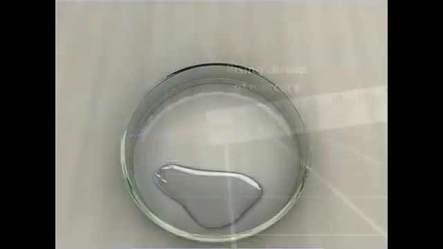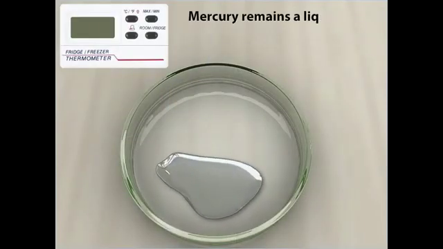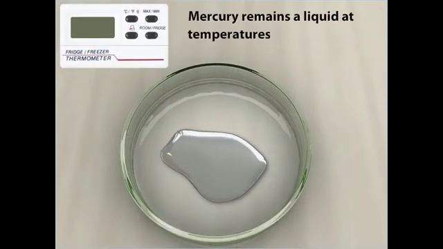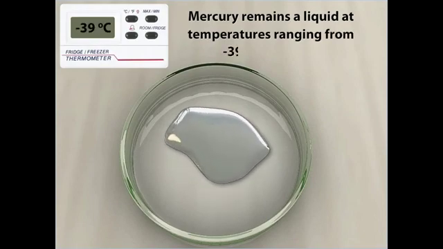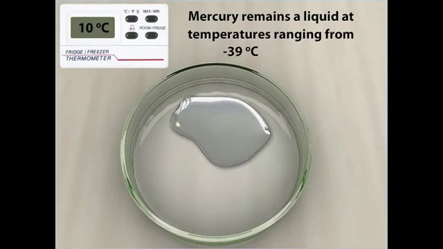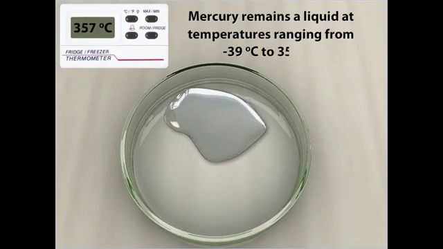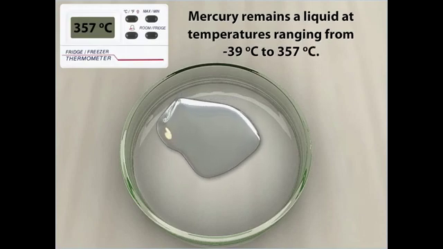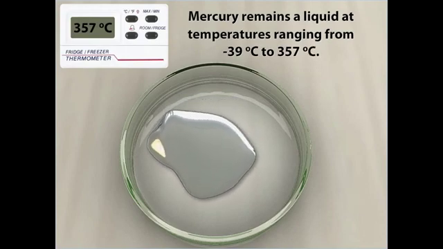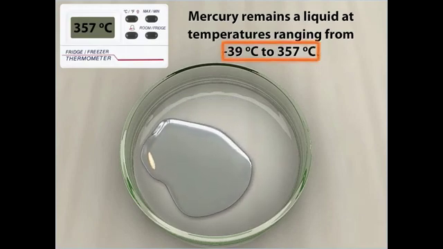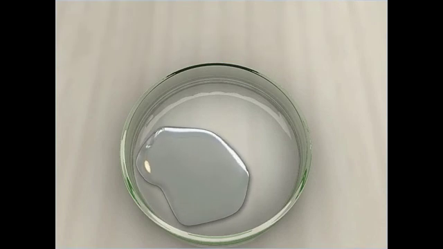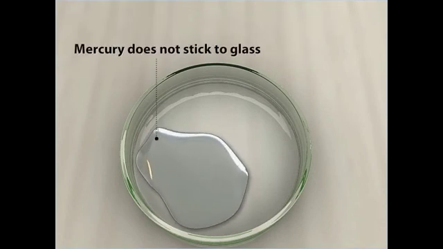Second, mercury remains a liquid at temperatures ranging from -39 degrees Celsius to 357 degrees Celsius. Hence, it can serve to measure a wide range of temperatures. Lastly, mercury does not stick to glass.